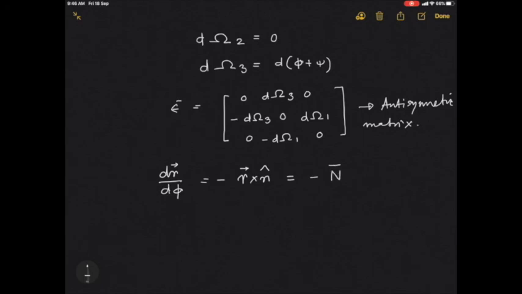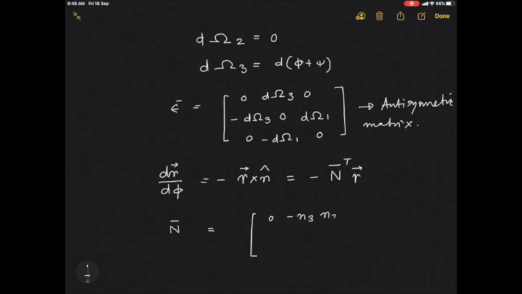So this also I can write as minus some matrix n, transpose of that, times r. And you can check this n matrix.